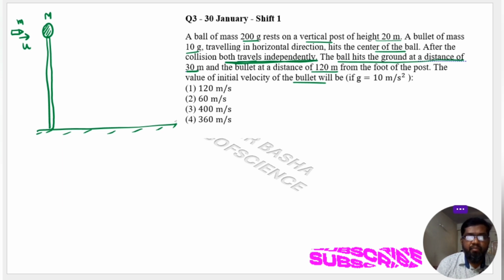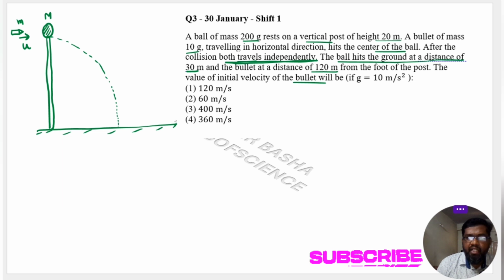After hitting, both will travel independently, and obviously they follow a projectile path. This problem is similar to a horizontal projectile problem, and the range of the horizontal projectile is provided here. After that, the ball will have some velocity and finally fall here.